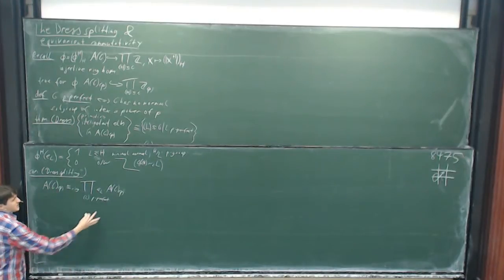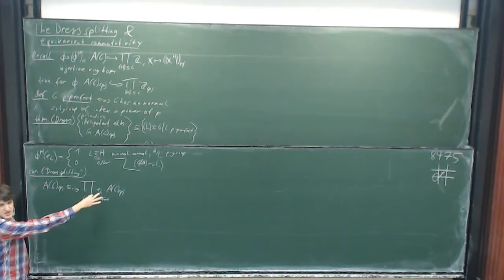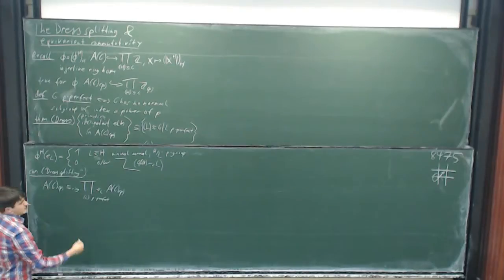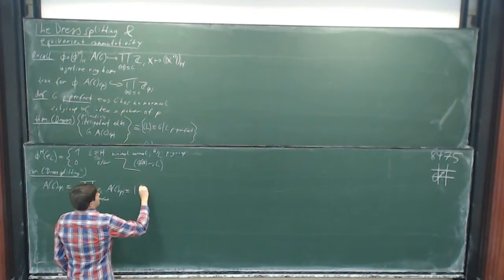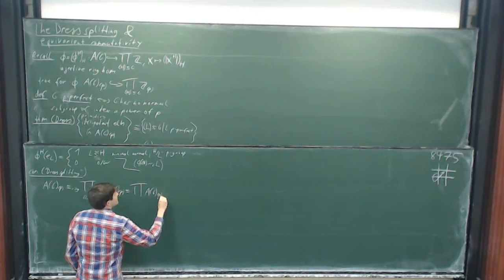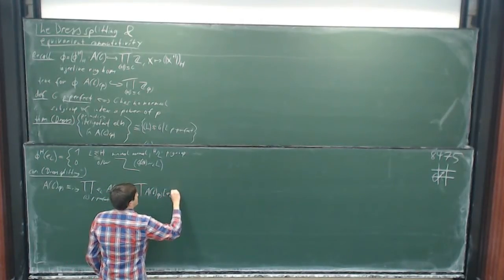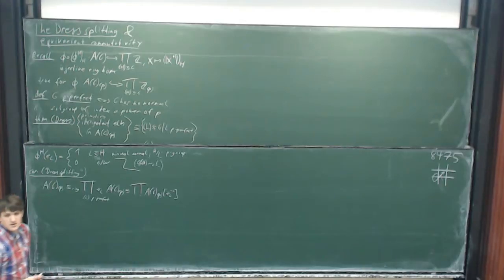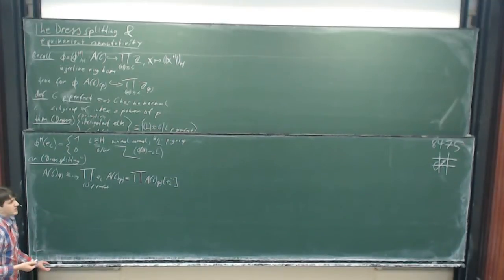So a priori, this is only a module, but since e_L is idempotent, this is actually a ring with unit e_L. And we can also write it in a different way, where we write it as A(G)_(p) with the idempotent e_L inverted. Then you also see that e_L, since it's idempotent, is the unit element in that ring.